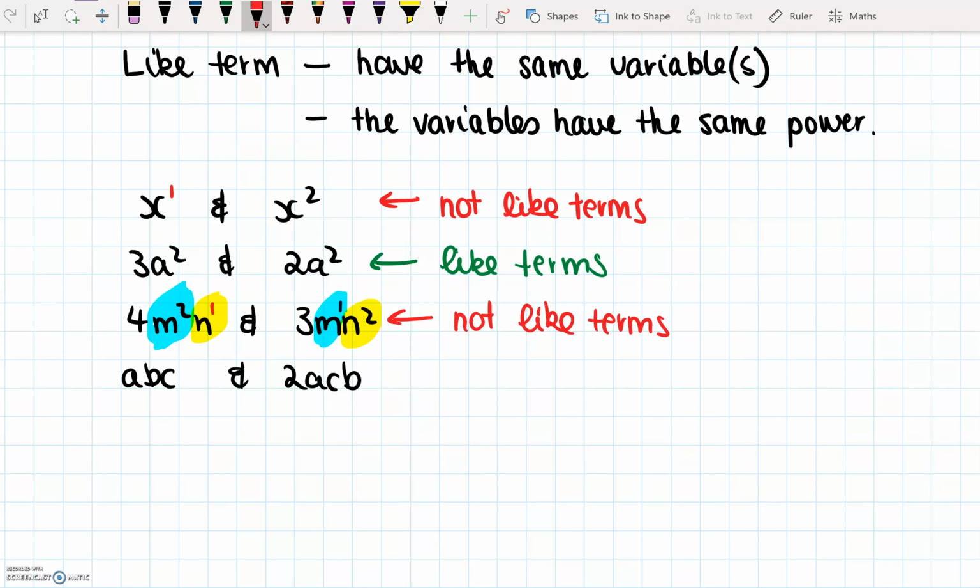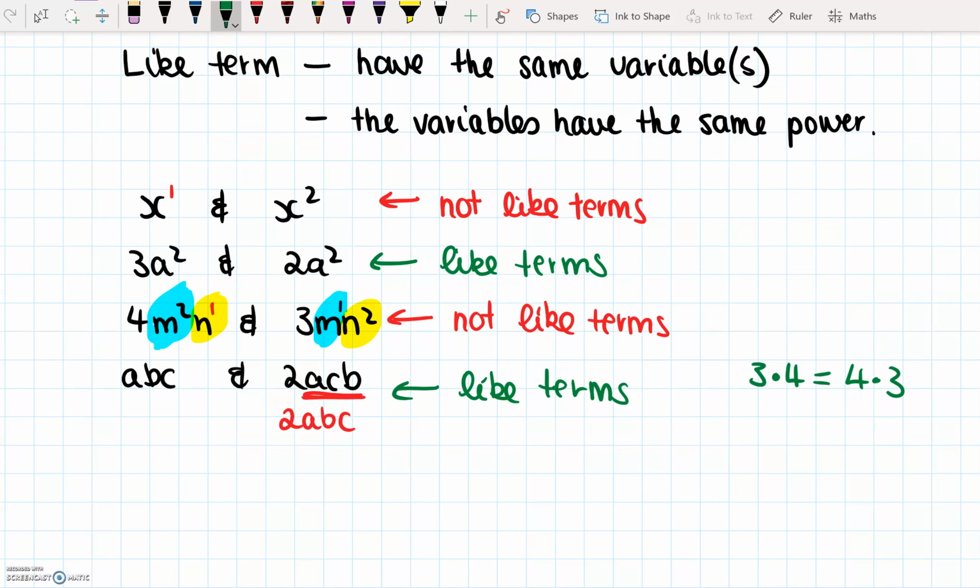Actually, the second one is written incorrectly because we try to write our variables in alphabetical order, so really this is 2abc. Remember, in between each of these letters there's really a times, and 3 times 4 is the same as 4 times 3. So when we multiply, the order doesn't matter. So these are like terms.